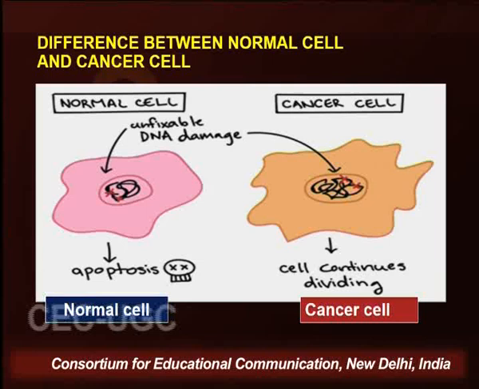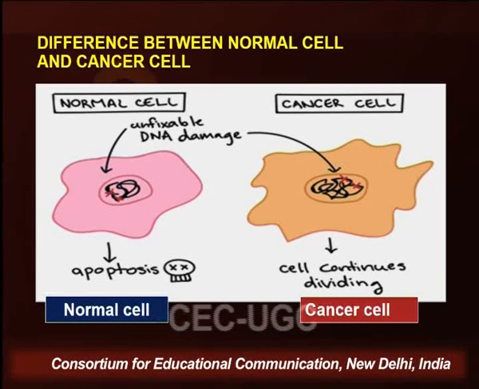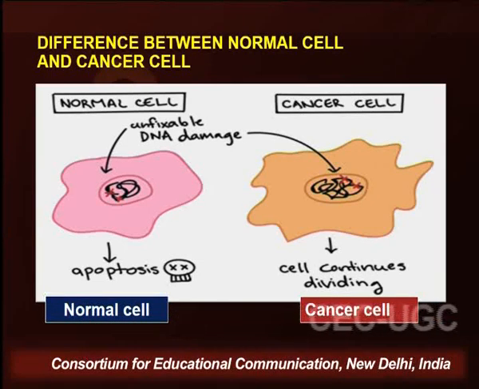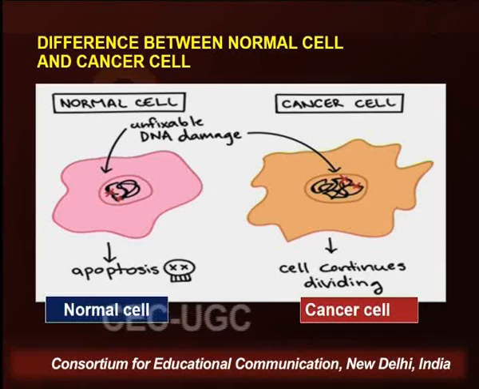Okay, normal cells have another property, which is written below: apoptosis. And for cancer cells, below one can read that the cell divides continuously. Normal cells have normal DNA and there is no DNA damage, and after a certain time every cell dies.